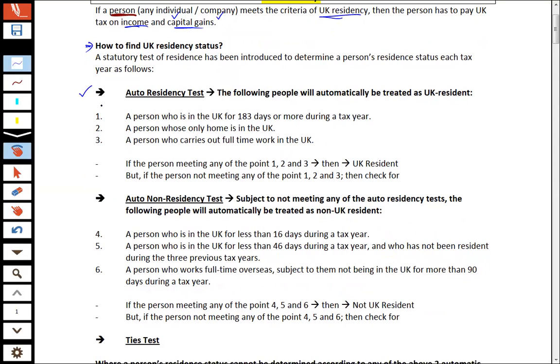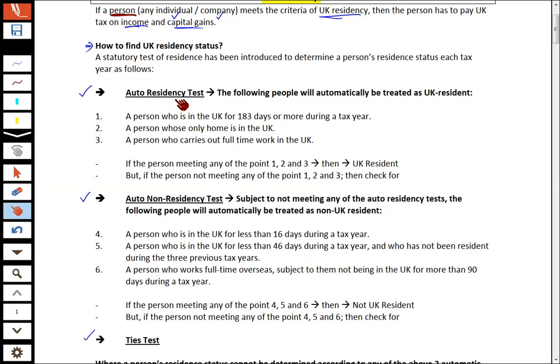If the auto residency test is met, the person would be considered a UK resident. But if the auto residency test is not met, then we have to check the auto non-residency test. If this test is met, the person would be considered a UK non-resident. But if the non-residency test is also not met, then we have to follow the ties test for the residency status.